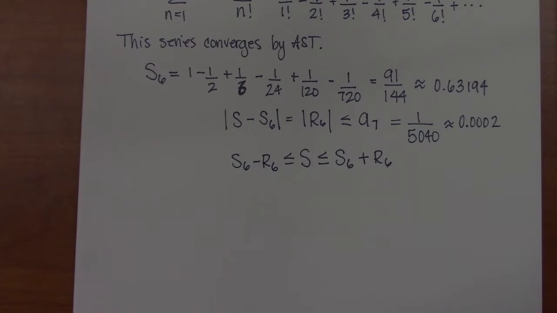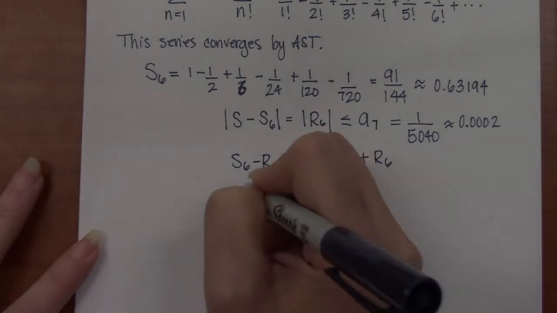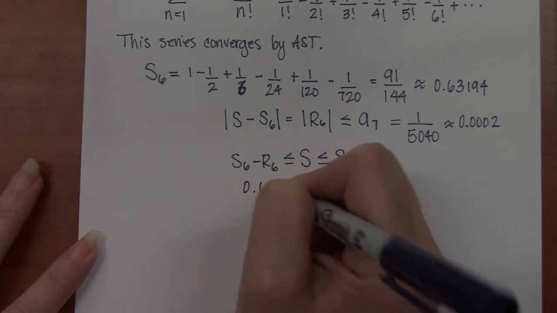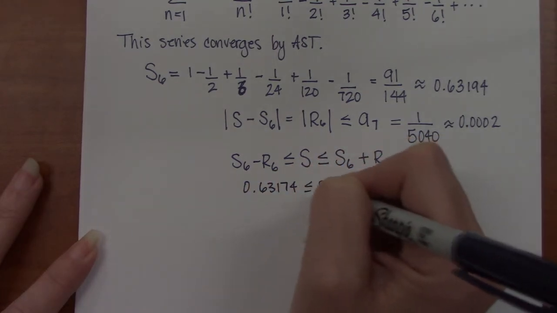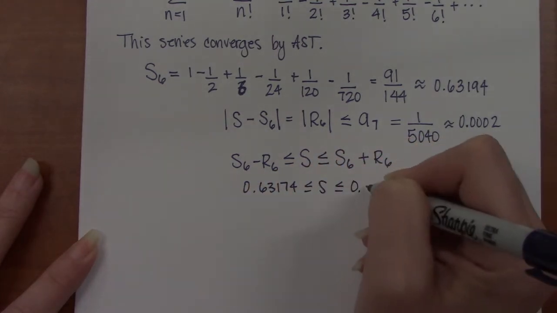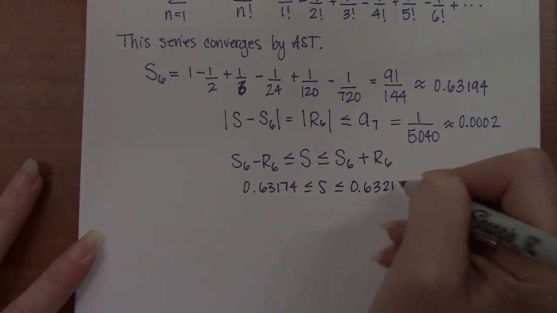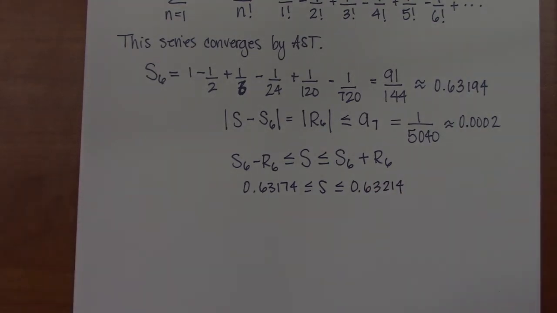So we've taken care of the positive and the negative case. So when we plug in our values, we get 0.63174 and 0.63214. So now I have a range that's pretty small that says the sum is somewhere between these two values.